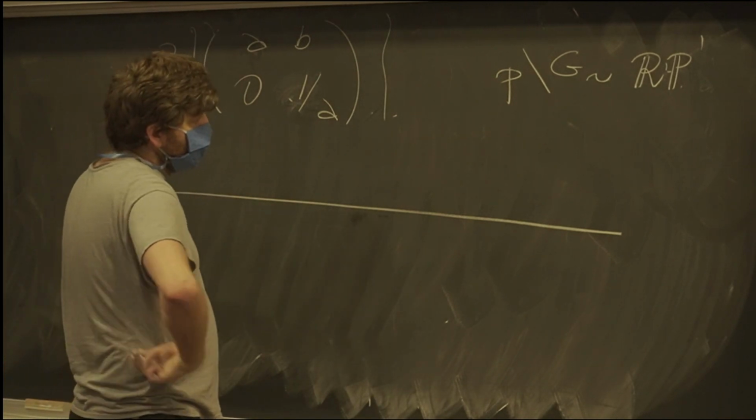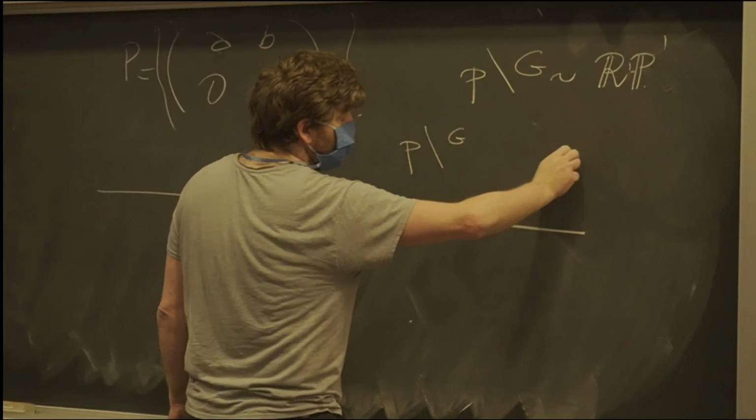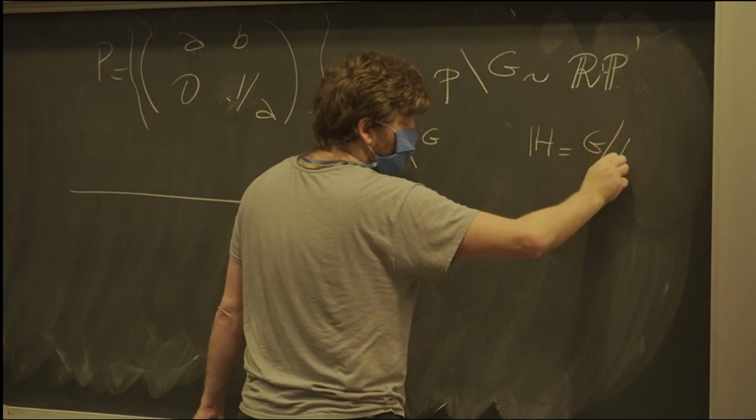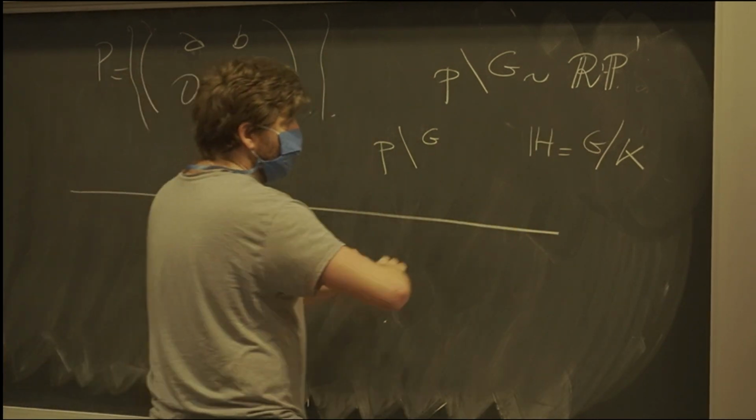So in this case, saying G mod P is the boundary of H, which remember, now I'm pushing in the other direction, G mod K, but again, this is a different interpretation.